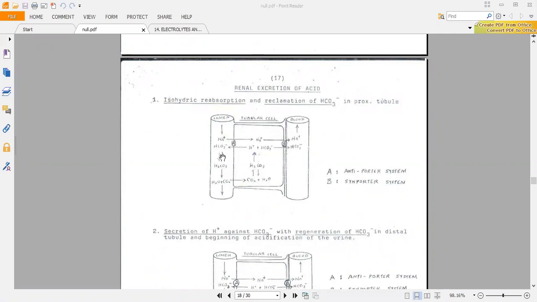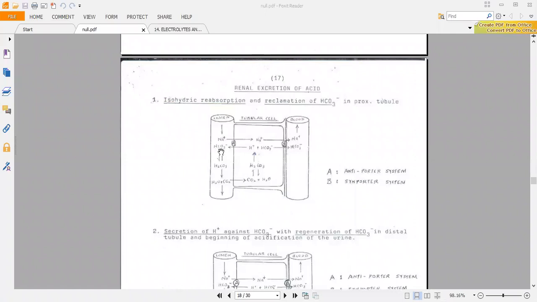So the whole process here is how to reclaim bicarbonate, because this is not a situation where we want the person to be urinating a lot of bicarbonate. Every bicarbonate coming through the lumen must be reabsorbed. Remember that bicarbonate is an ion and cannot pass through the cell membrane.